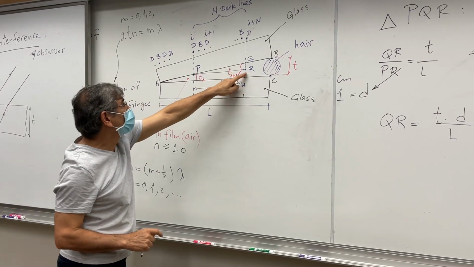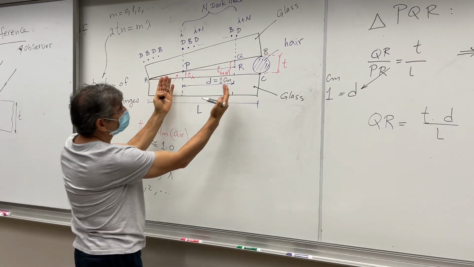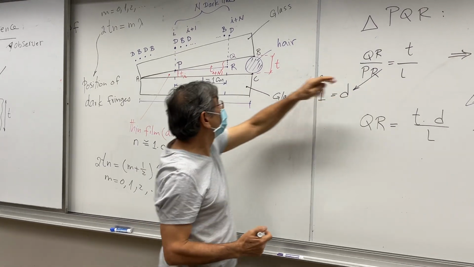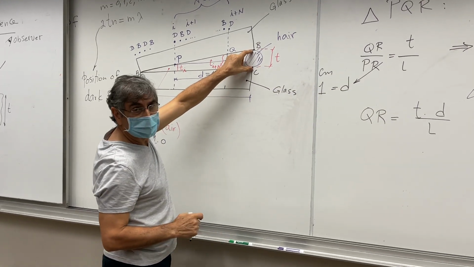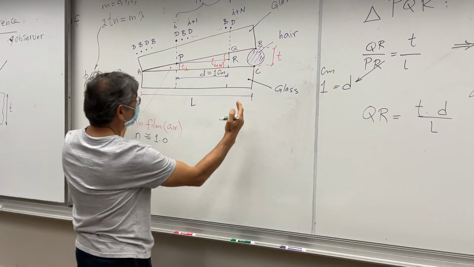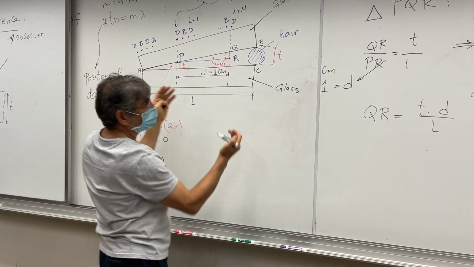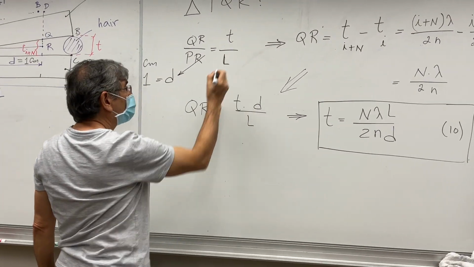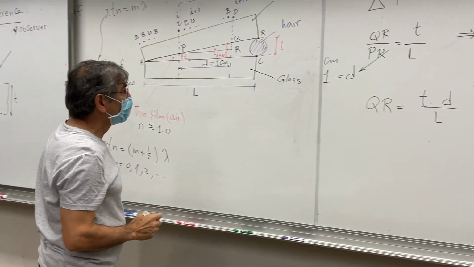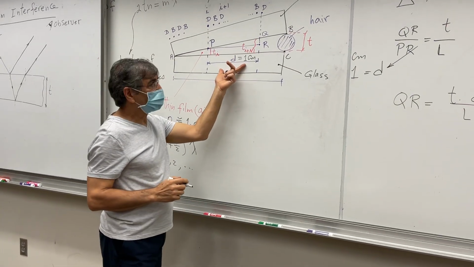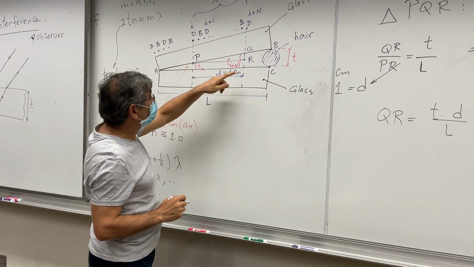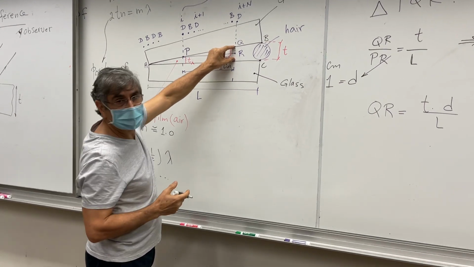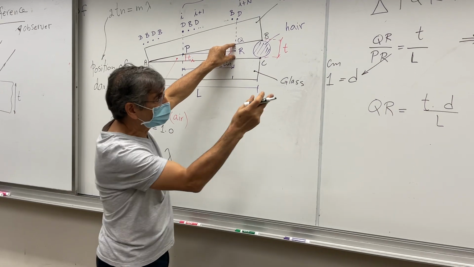QR over RP, which is really just this D, 1 centimeter, is equal to the ratio of this side of the bigger triangle, T, over this side of the bigger triangle, L, right there. Now we have measured L and its uncertainty. We also have measured D and its uncertainty. QR, of course, is very difficult to measure, but we can determine it in other ways, and that's right in here.